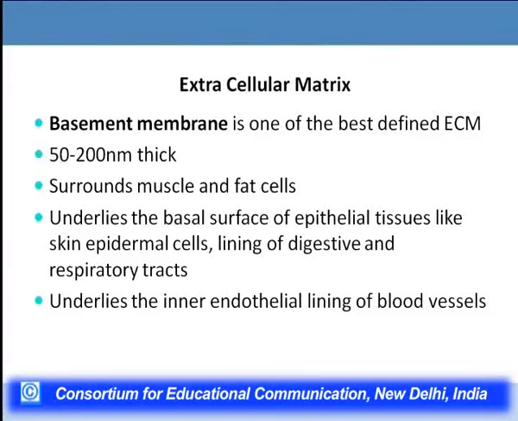For example, one of the most common types of ECM is the basement membrane, which is a 50 to 200 nanometer thick layer of extracellular matrix found in muscle and fat cells. It basically surrounds the muscle cells and fat cells. It is also present in the epithelial tissue, and the epithelial cells rest on this basement membrane. It is also very common in the endothelial lining of the blood vessels.